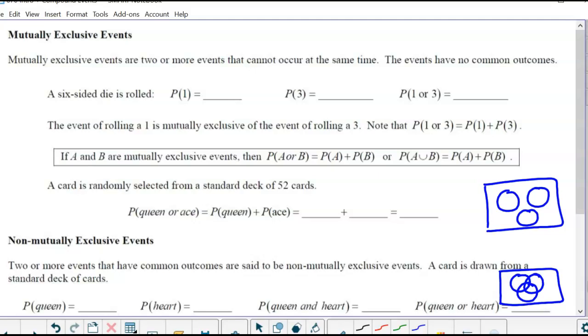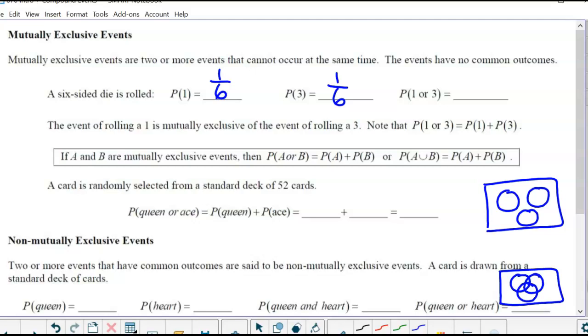So a 6-sided die is rolled. Probability of rolling a 1 is 1/6. Probability of rolling a 3 is 1/6. But you can't roll a 1 and a 3 at the same time, so they are mutually exclusive events because they cannot happen at the same time.